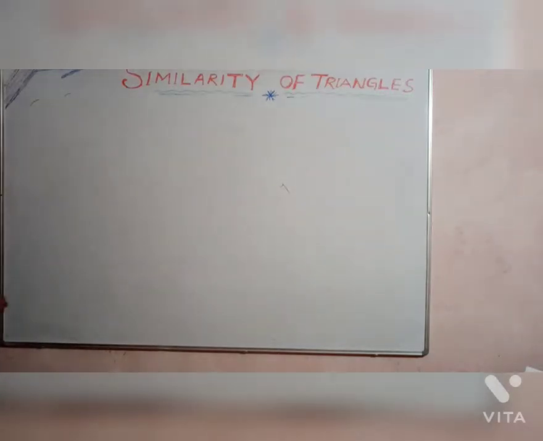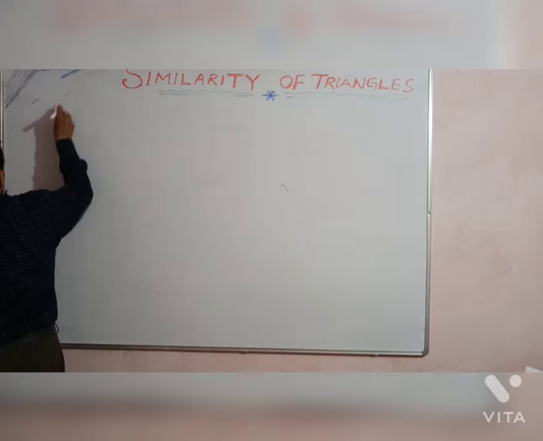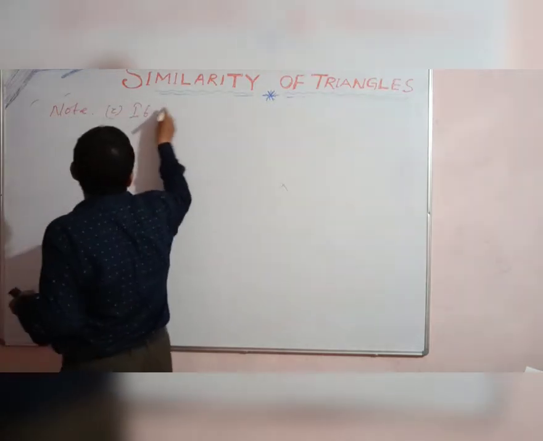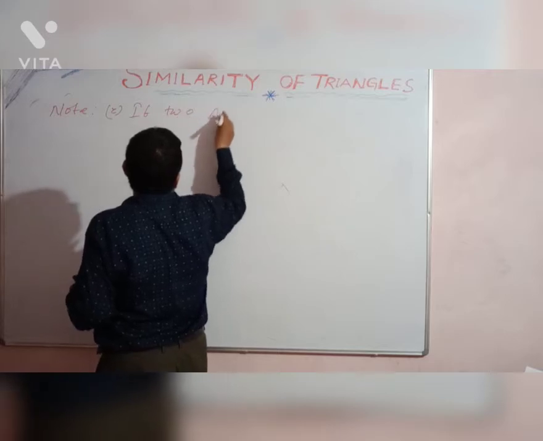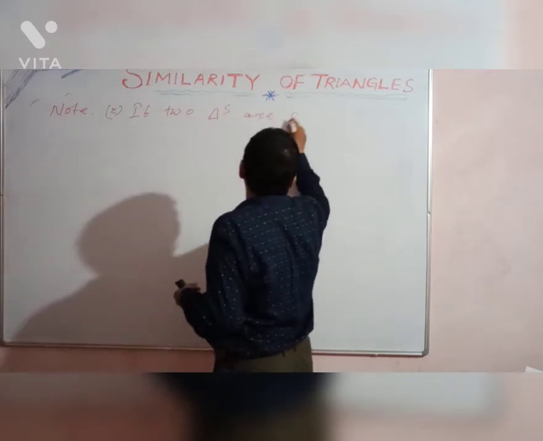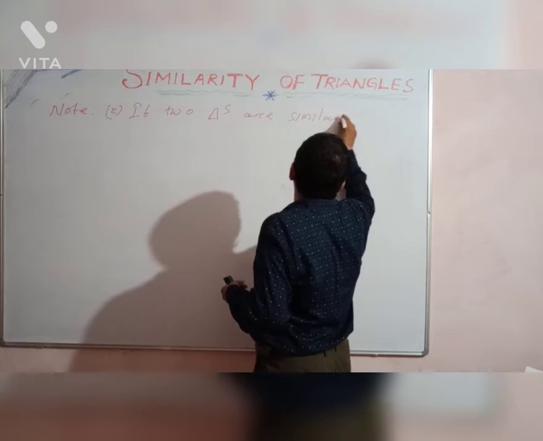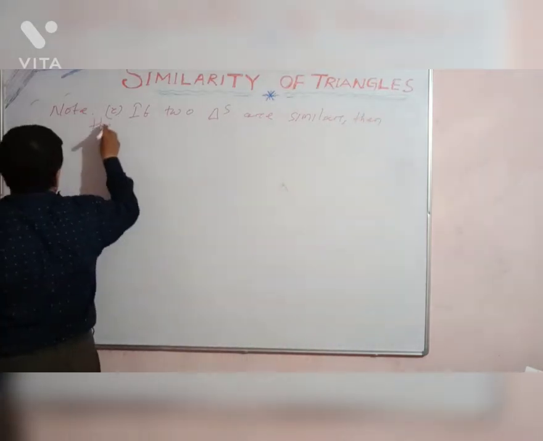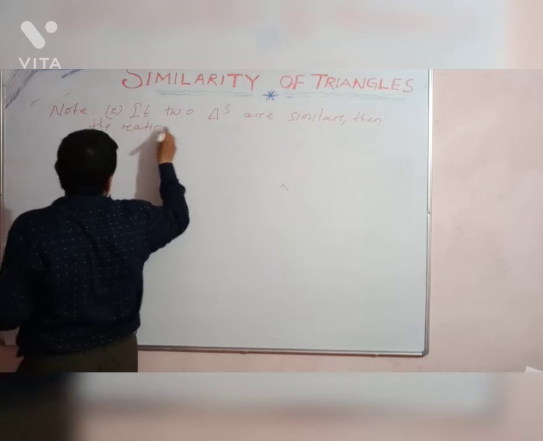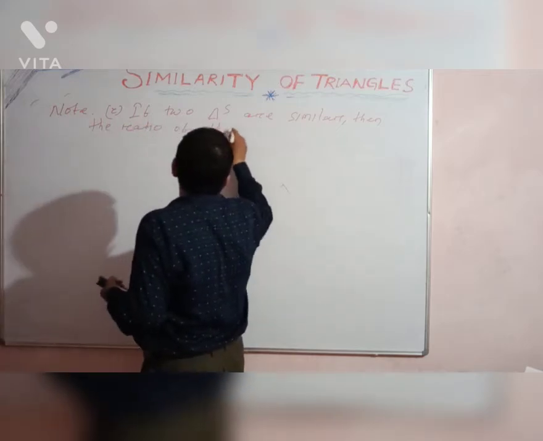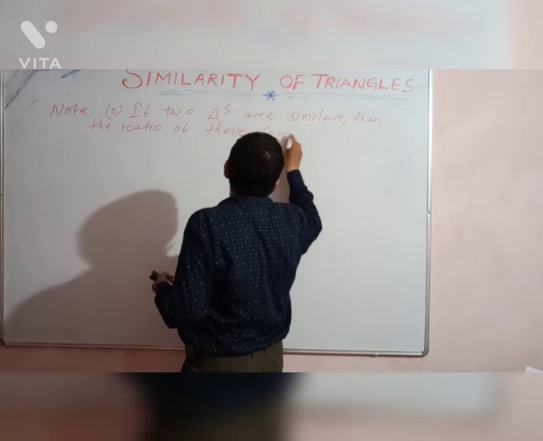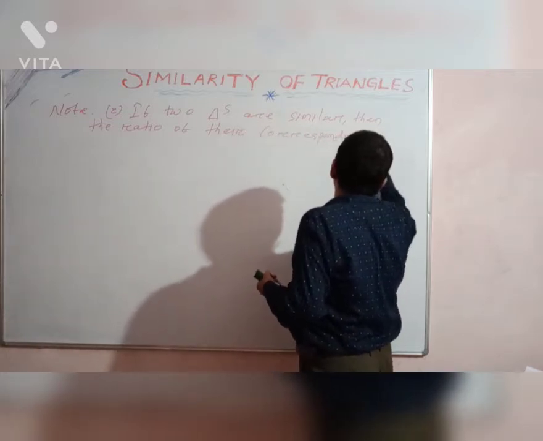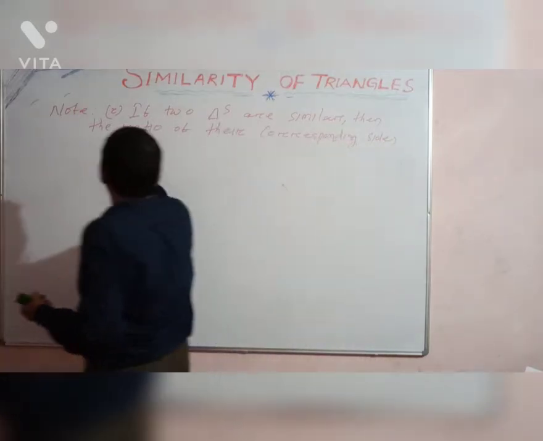Okay. So in two triangles, one of the notes we got here, first point: if two triangles are similar, then the ratio of their corresponding sides are equal.